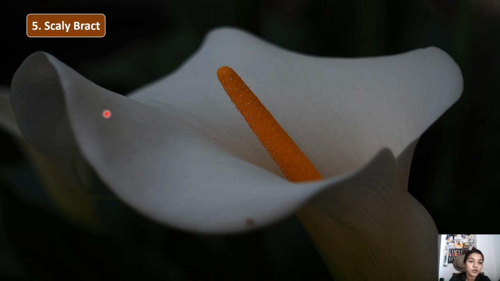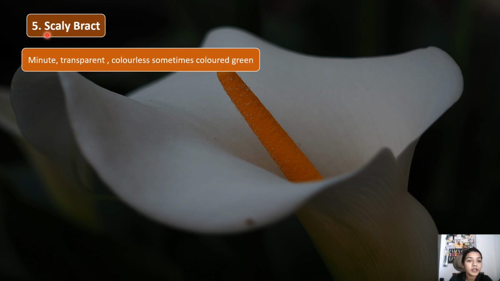Now we move towards the very last kind of bract, that is the scaly bract. From the word we can understand that this is a scale like bract, right? These are bracts that might be very minute or thin, but not always minute. Sometimes these are larger in size.